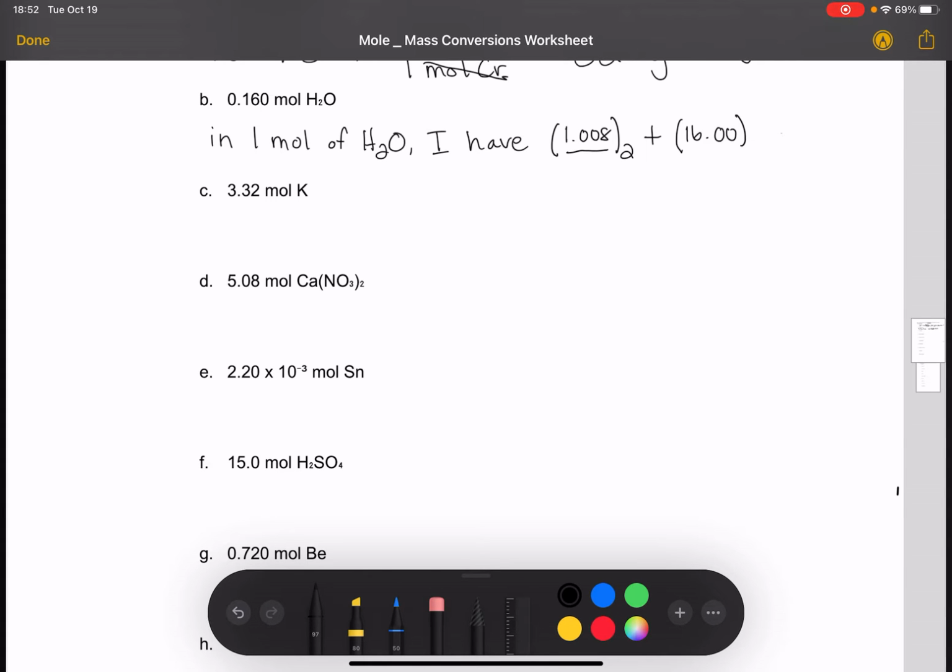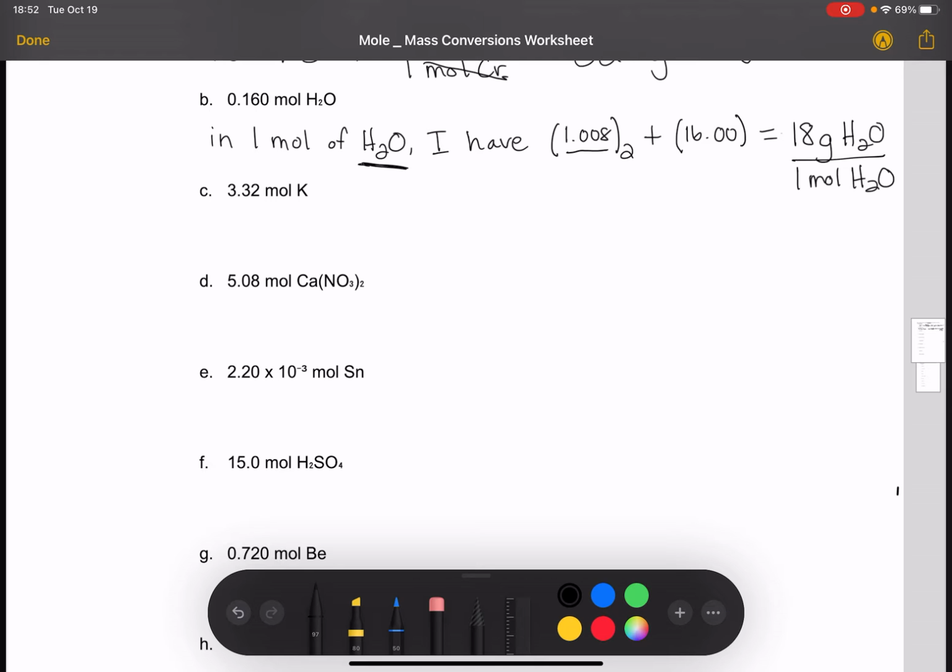There's no subscript on the oxygen, so I'm going to multiply 1 times 2, so I've got roughly 2 plus 16. So the molar mass of H2O is 18 grams of H2O per 1 mole of H2O.